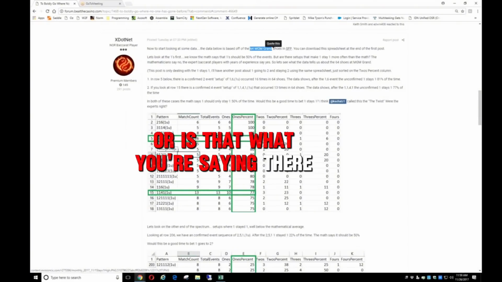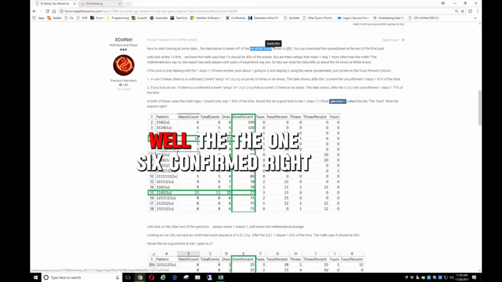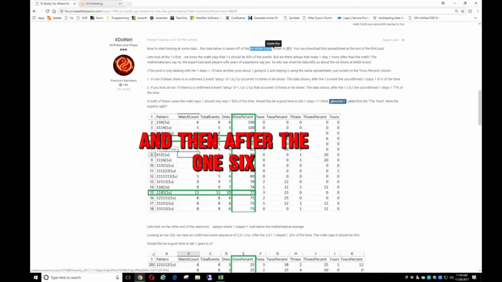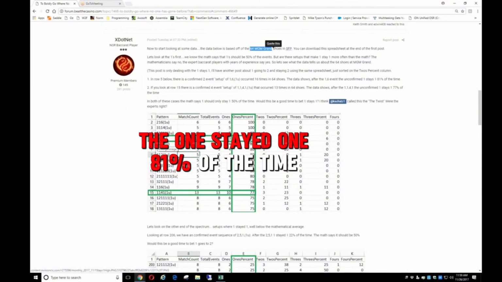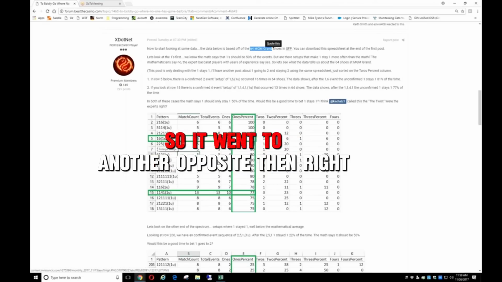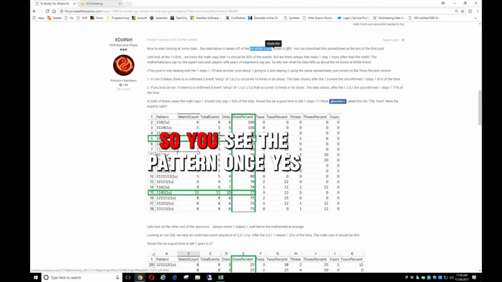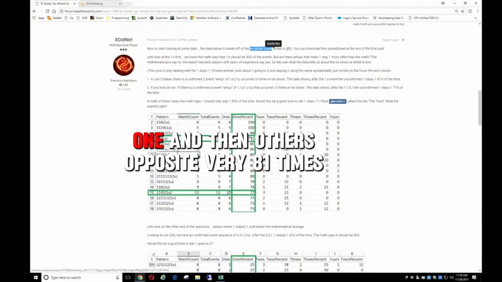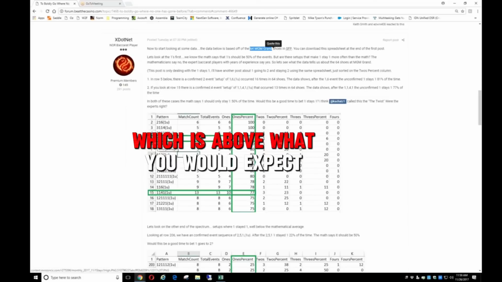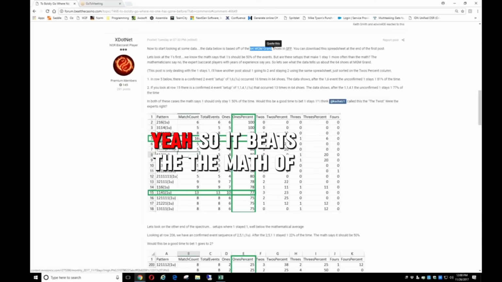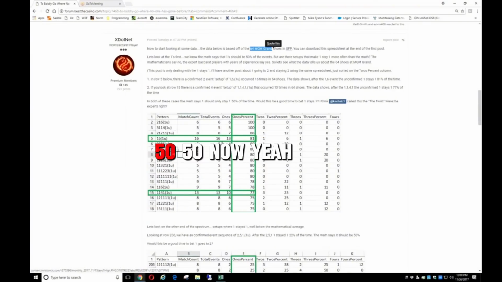Well, the 1-6 confirmed, and then after the 1-6, the 1 stayed 1 81% of the time. So it went to another opposite right after. So you see the pattern 1, 1, and then an opposite, which is above what you would expect. Yeah, it beats the math of 50-50.